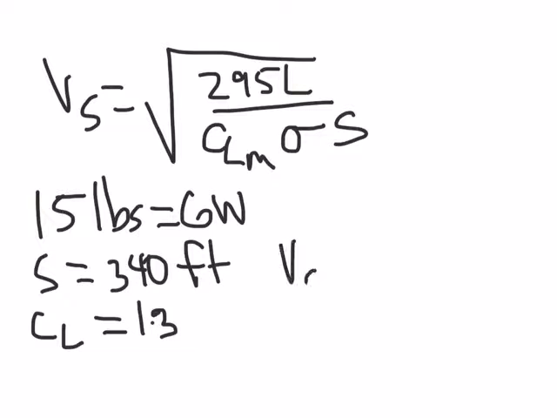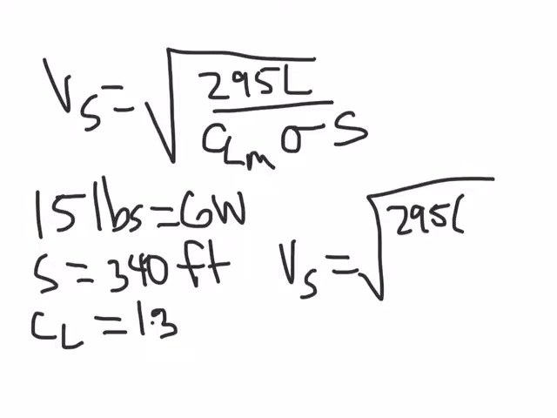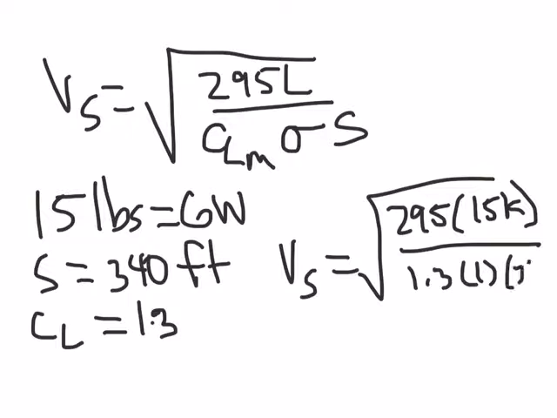So if we want to find the stall speed, we're going to take the square root of 295 times 15,000. I'm just going to write 15K because I'm running out of space here on my iPad. Divided by 1.3 times 1, because we're at sea level standard day, times 340, the surface area.